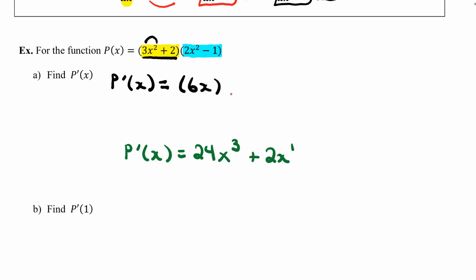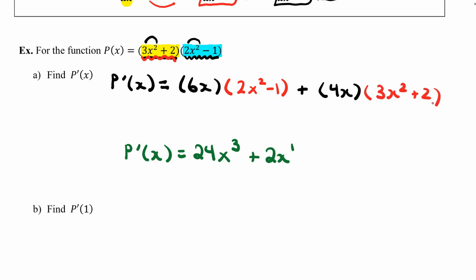Then we multiply that with the second function, which is 2x squared minus 1. Then we add that to the derivative of the second function, and 2 times 2 is 4, so that'll be 4x. And then we multiply that with the first function, which is 3x squared plus 2. This answer right here is totally acceptable. If you want this answer to look like the other answer, you just distribute and collect like terms.